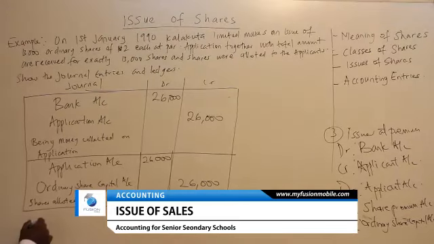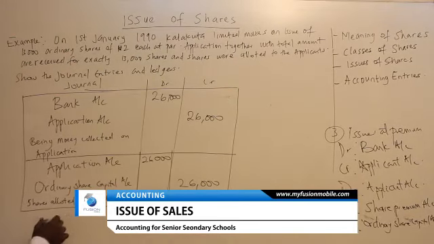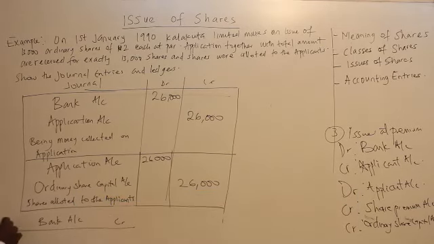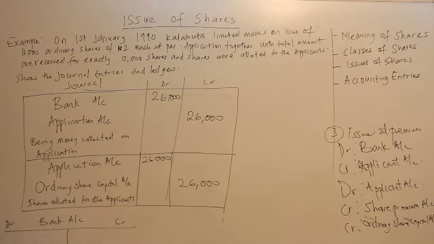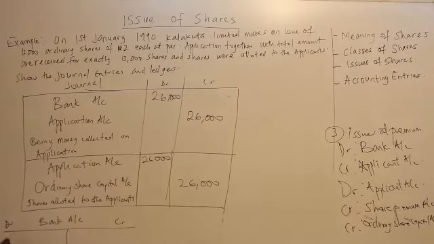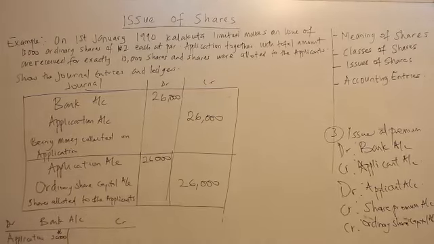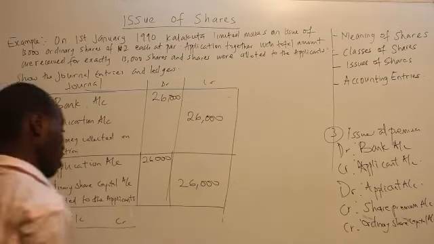We can open the bank account now. Bank account, so you have the credits and you have the debits. We have to debit bank account with application, 26,000 naira. That is the money received on that.